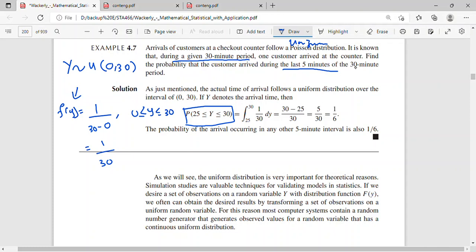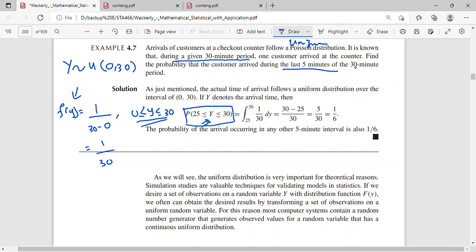We can find this probability because Y is a continuous variable. So to find the probability for a continuous variable, we need to integrate. Integrate which function? The uniform function, which is 1 over 30. Integrate from 25 to 30. Our interval is from 0 to 30, but now we want the last 5 minutes, so we want the probability from 25 to 30. It is valid to use this function because 25 to 30 is still within our interval of 0 to 30.